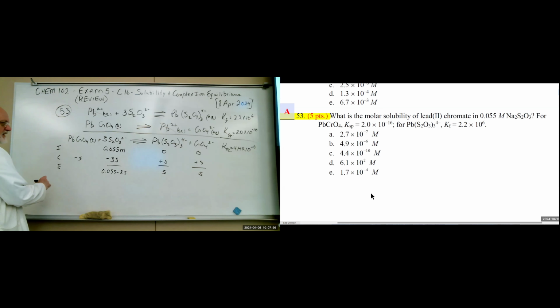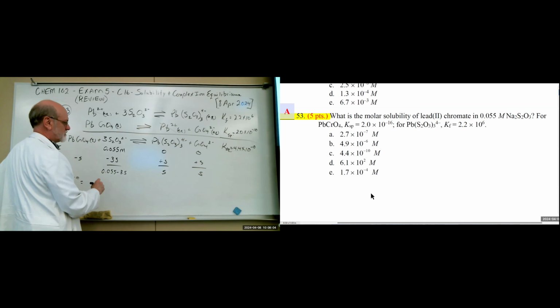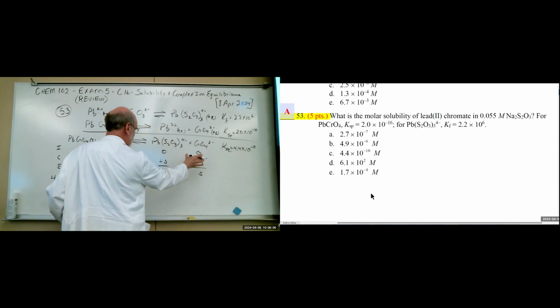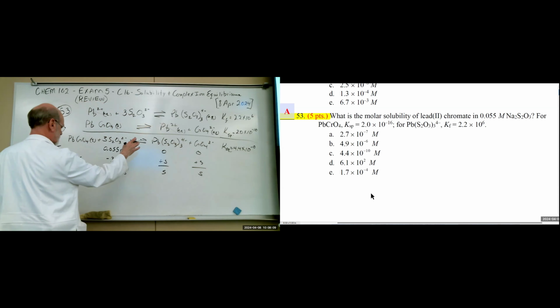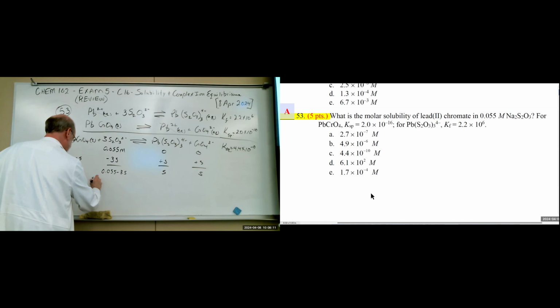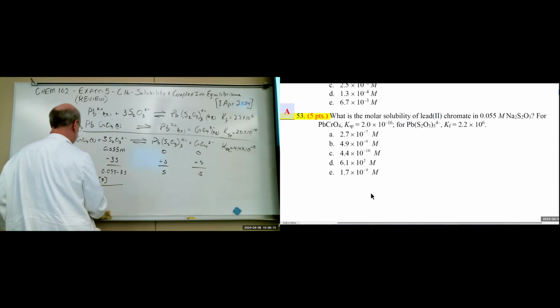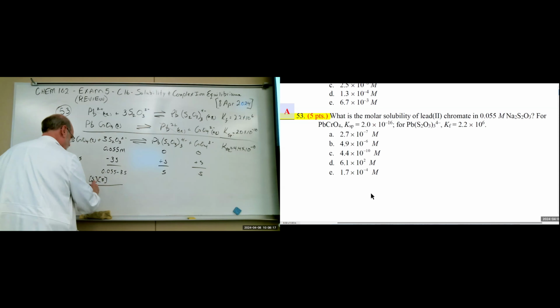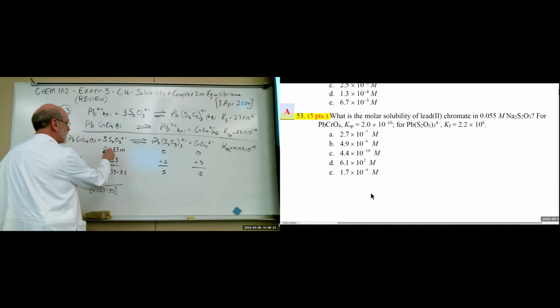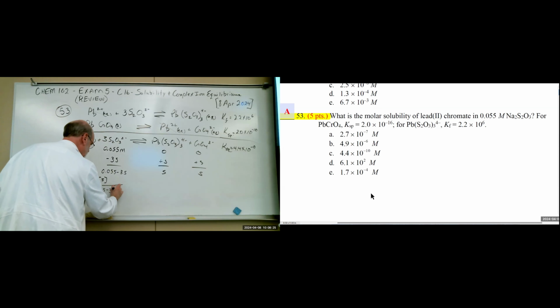Okay? So 4.4 times 10 to the minus 10 equals this one times this one, right? S times S divided by this one, 0.055 minus 3s to the third power.